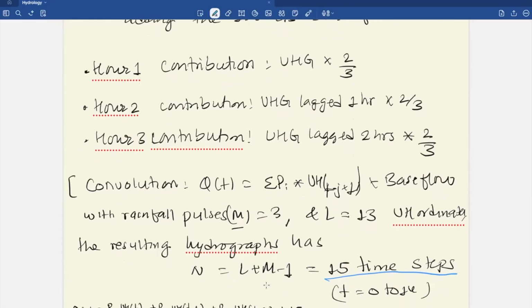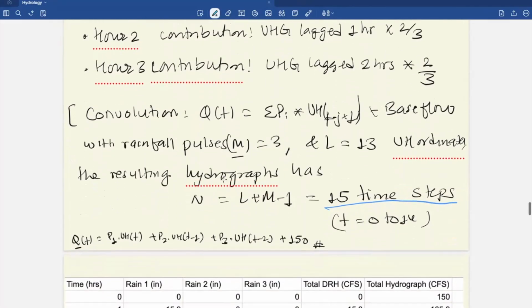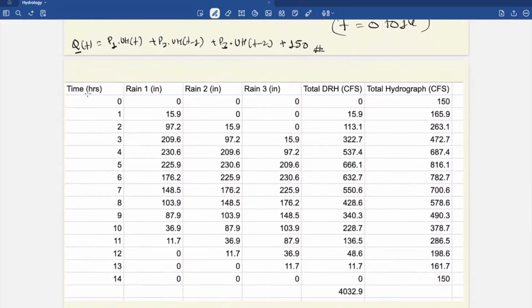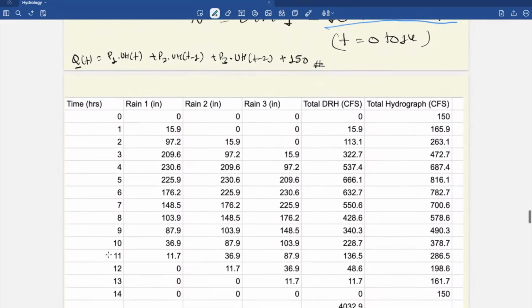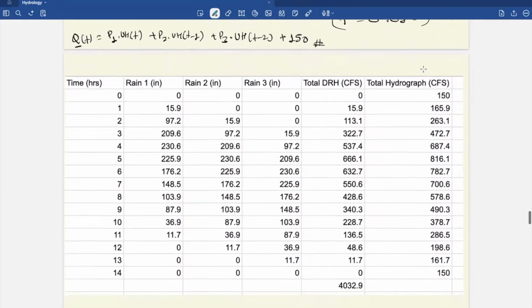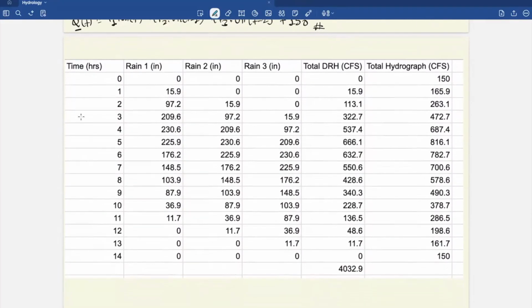So we need to have 15, and now when we plot, we already have these time steps. Previously it was around 12, but since here we have 15 time steps, we need to have at least 15.